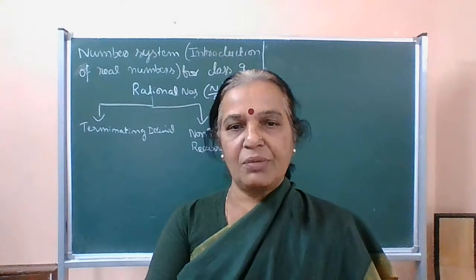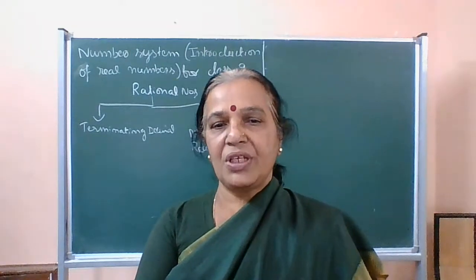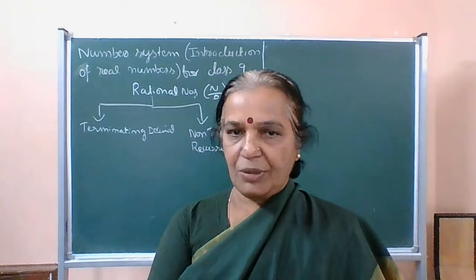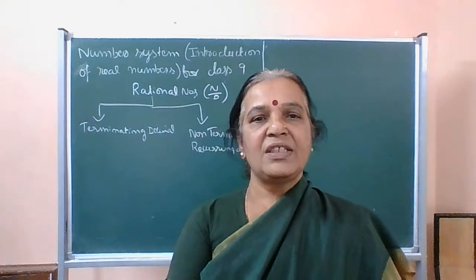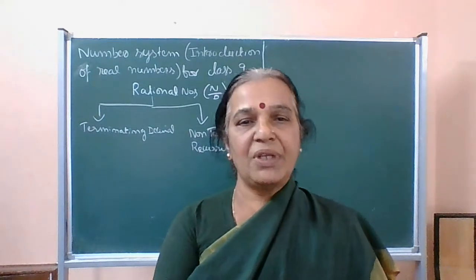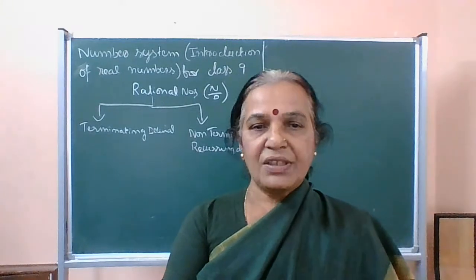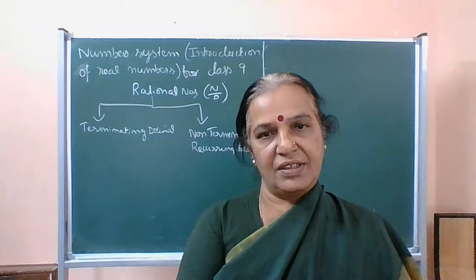The smallest whole number is 0. Then 1, 2, 3, 4, etc., up to infinity. And the next number system was integers. Integers are a combination of all positive numbers and negative numbers along with 0.